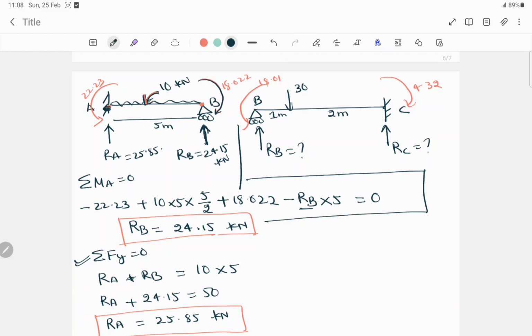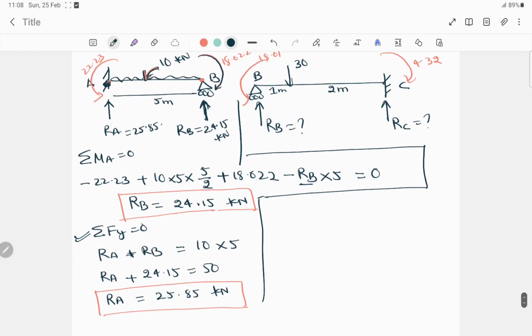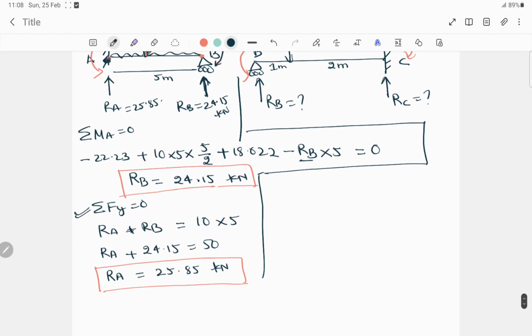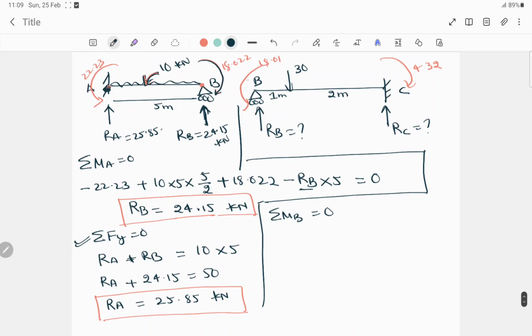Okay, so we'll solve here. Now, the same way, we have to solve: summation of all the moments about B is equal to 0. So here this force is anti-clockwise, so it will be minus 18.01, plus 30 into the distance covered up to here, which is 1, so it will be plus 30 into 1, minus RC into 3, right?